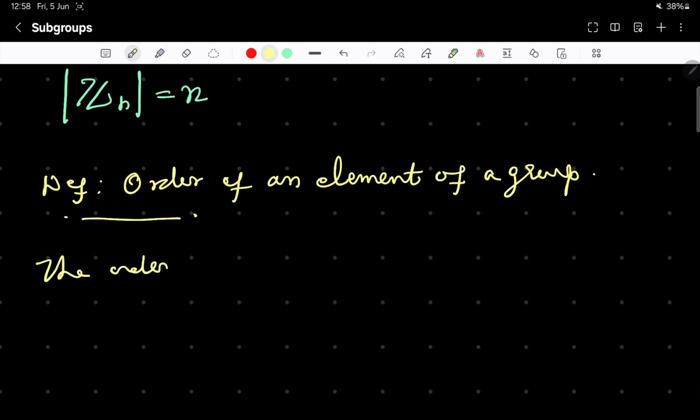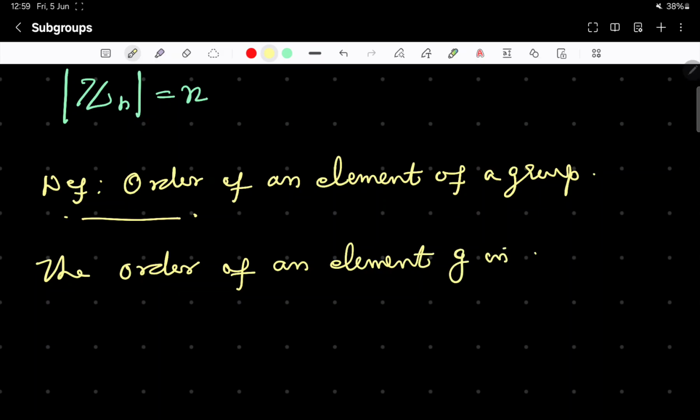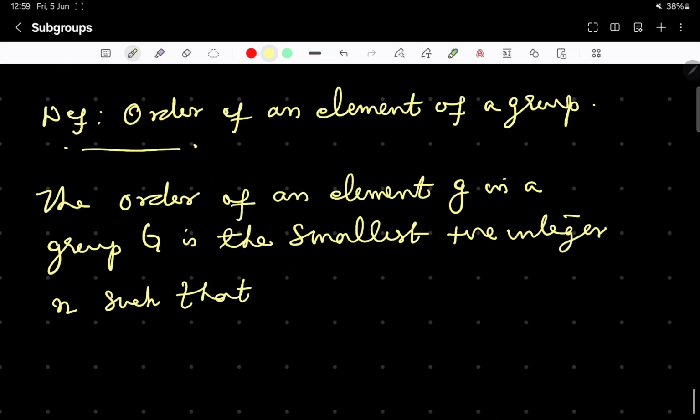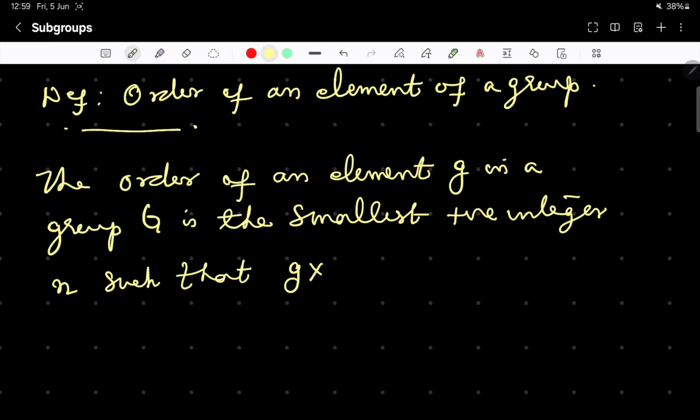The order of an element g in a group G is the smallest positive integer n such that, whatever the operation, if you do the operation like this up to n times, you will get the identity.